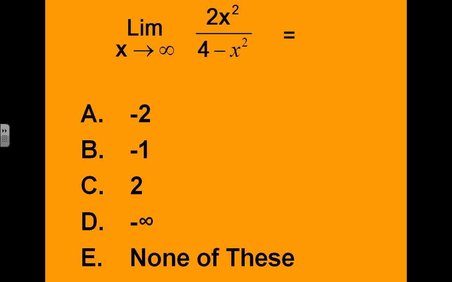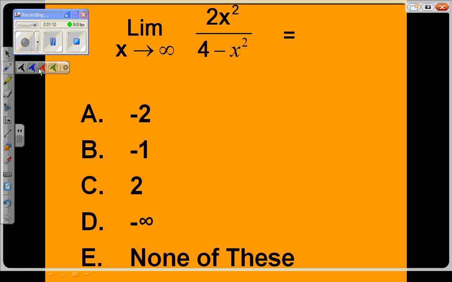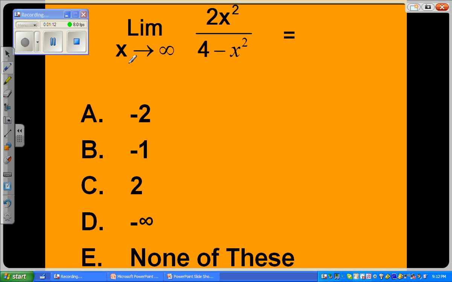All right, if you don't remember, as x approaches infinity means that you're looking for the horizontal asymptote. The degree of the numerator is the same as the degree of the denominator.